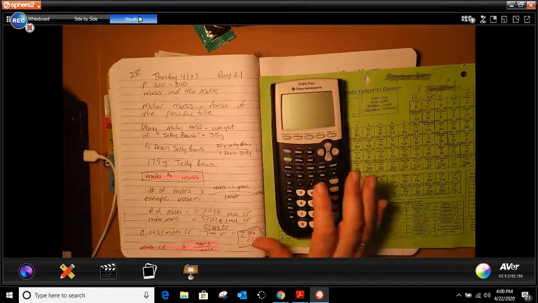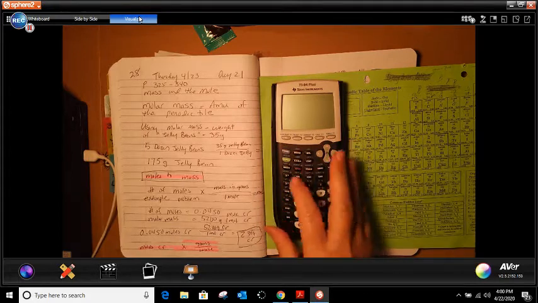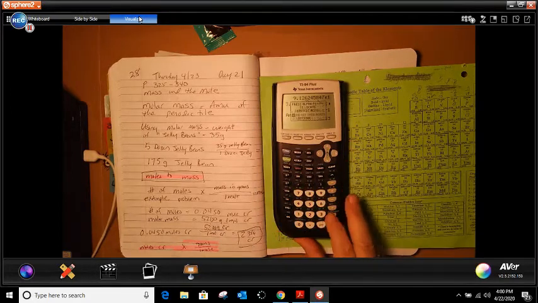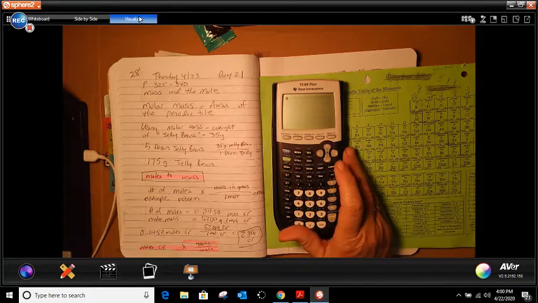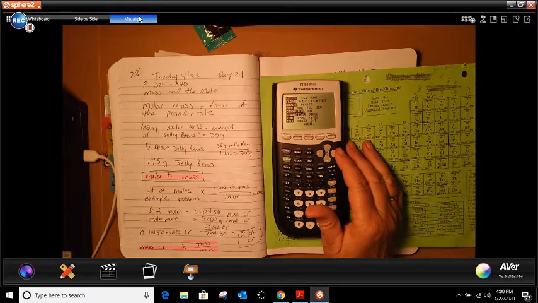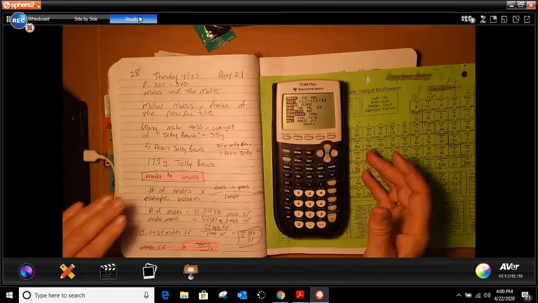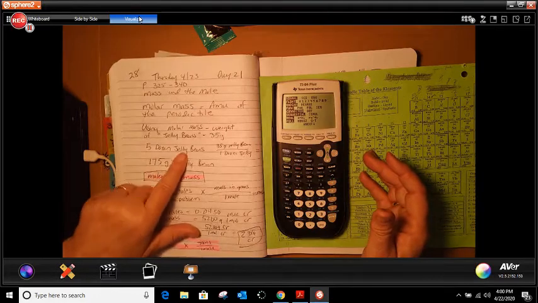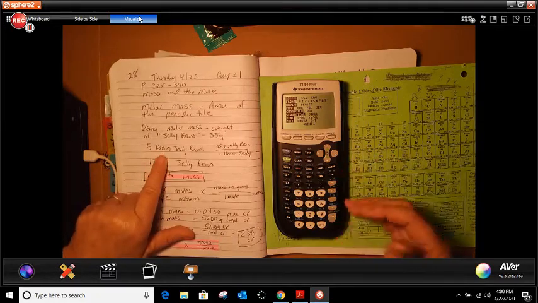First, we're going to turn it on and look at our settings. Right now I'm in normal, which will be fine, and we can toggle back and forth, and I'm also in radian. To do this, remember, the dozen jelly beans is just a unit of measurement.